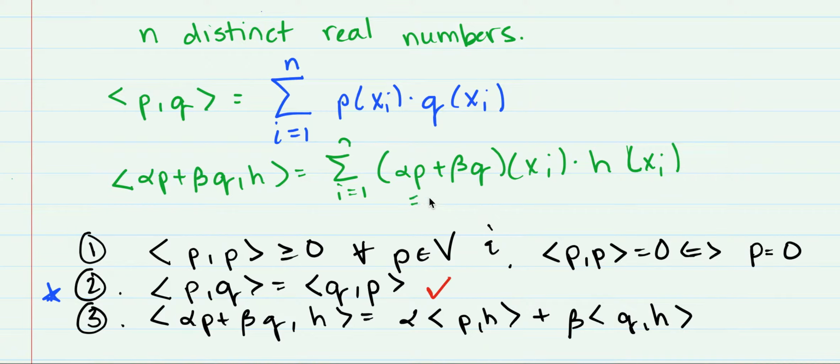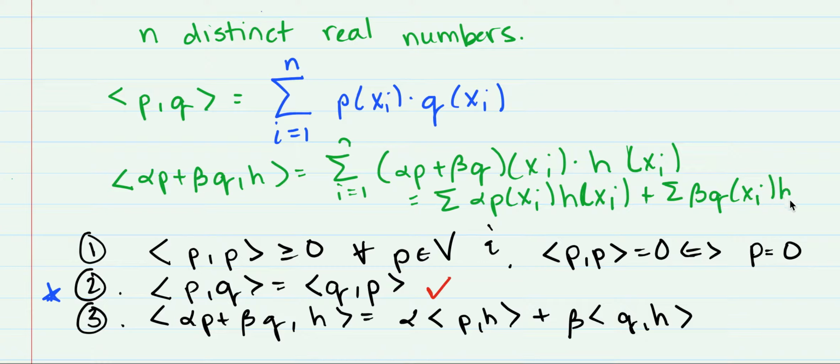We can make this the sum of alpha p(xi) h(xi), plus beta. So let me keep the beta in the sum for a second. Beta q(xi) h(xi), because you know that you can distribute this h(xi) and that a summation breaks over addition. And then you can also pull the constants out of the sum as long as they don't have an i associated with it, then that's fine. You can pull anything that doesn't have an i out, and you're going to get this right here. So this works.